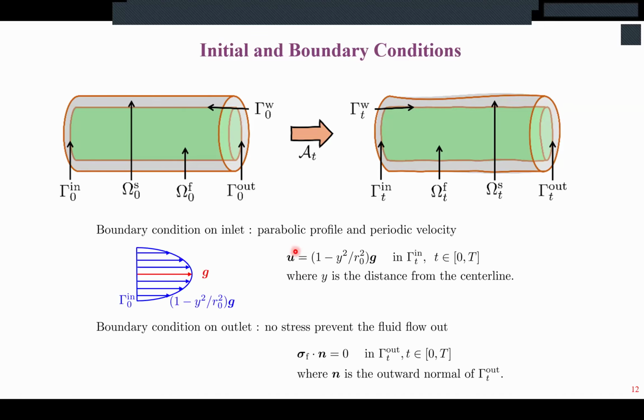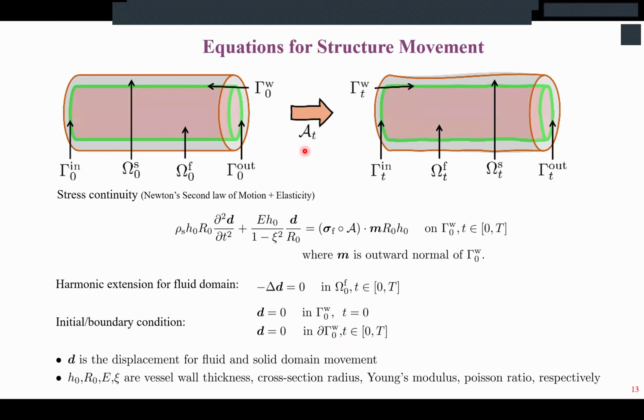For the inlet boundary condition, we assume a parabolic profile, characterized by a velocity function g, the principal velocity function g. For the outlet boundary condition, we use the neutral boundary condition, which means no stress, that prevents the fluid from flowing outside. Hi, can I ask a question about the inflow boundary condition? Yes.